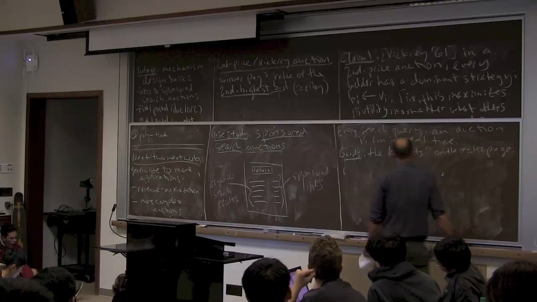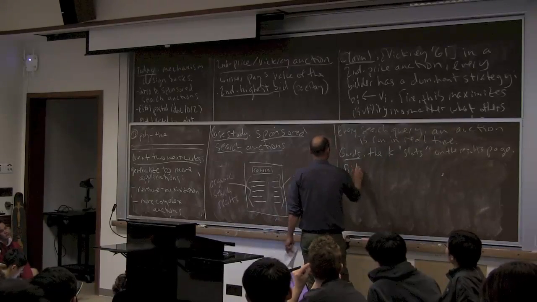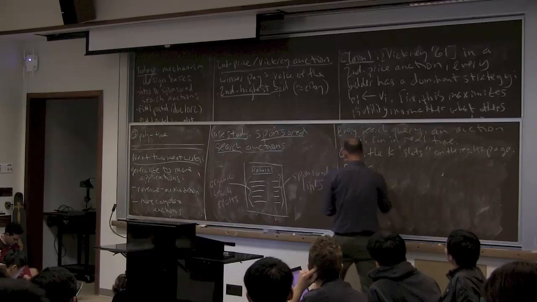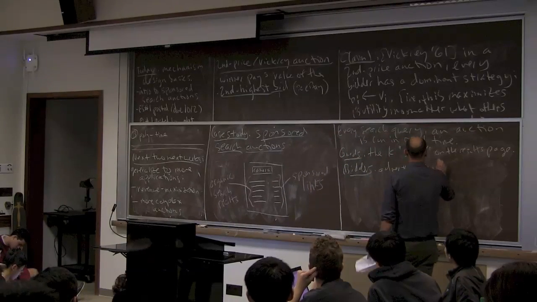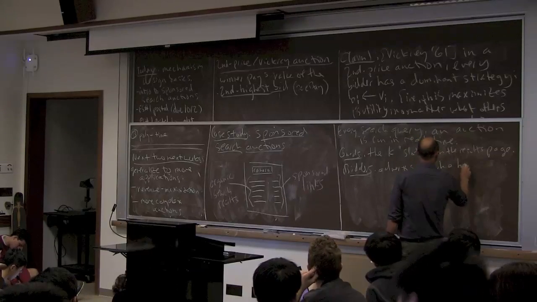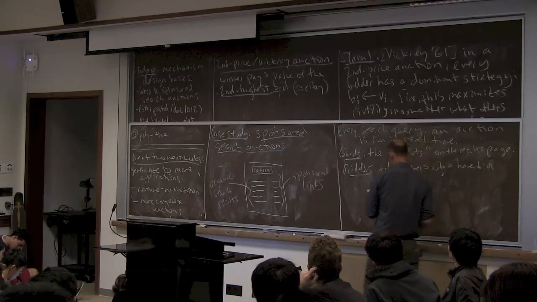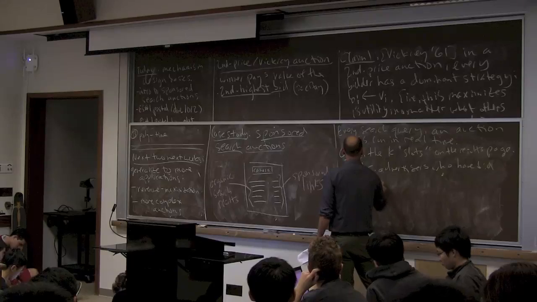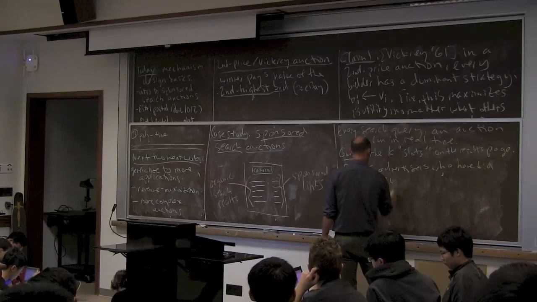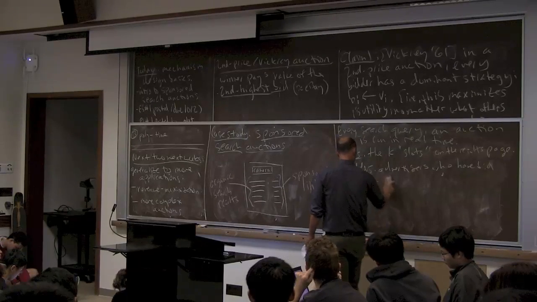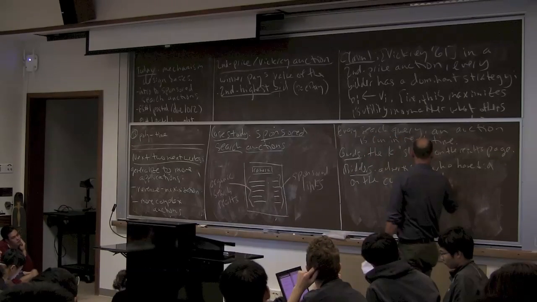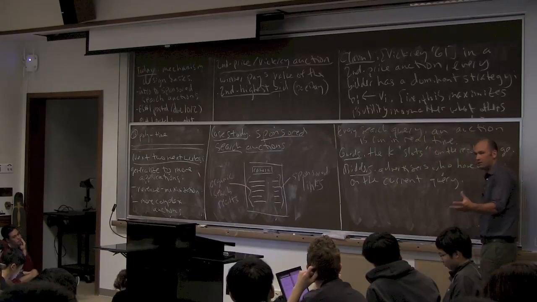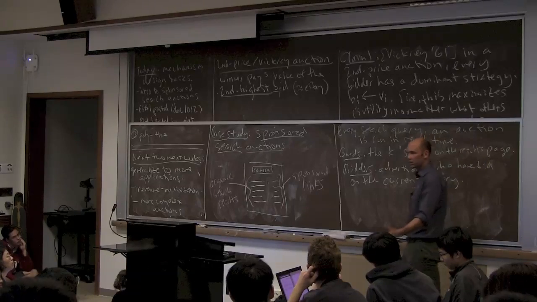Okay, so those are the goods. Who are the bidders? These are the advertisers who have bid on the current query. Who these bidders are, of course, depends on what the query is.